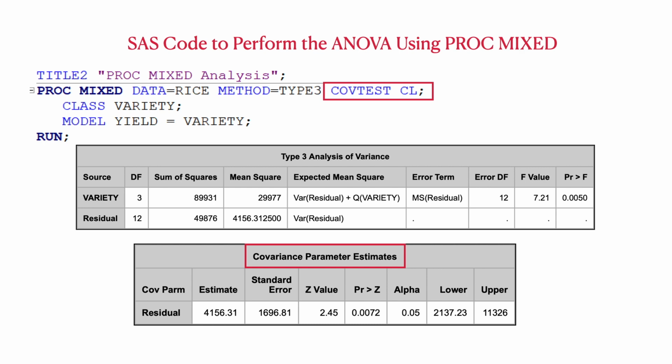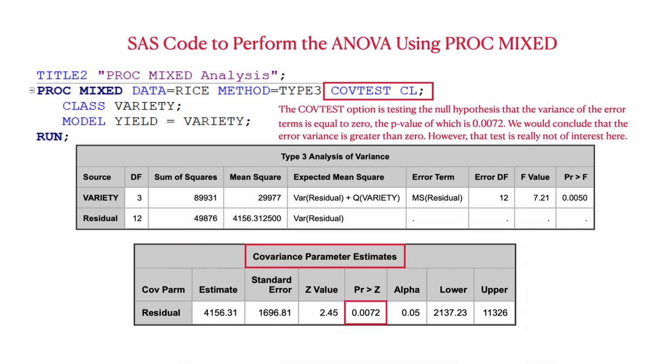Typically, it gives you a table with the estimate and the standard error, but when we issue the COVTEST option, it also provides a p-value. What this is testing is the null hypothesis that the variance of the error terms is equal to 0. The p-value of this test is 0.0072, and so based on that, we would conclude that the error variance is not 0, it's something greater than 0.